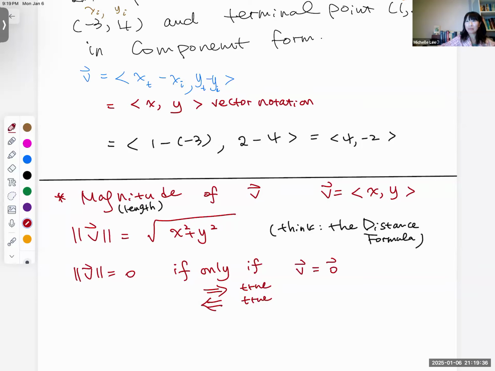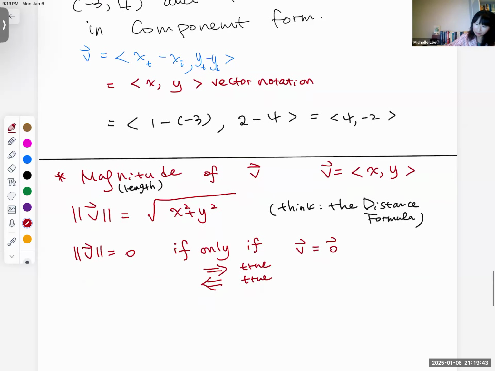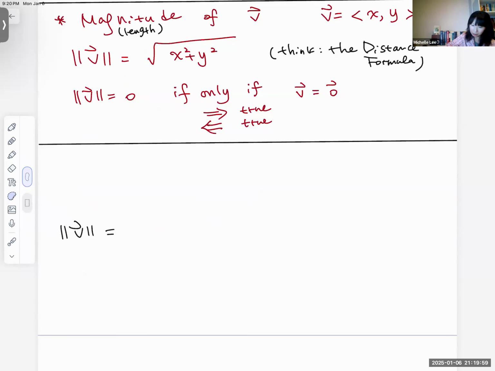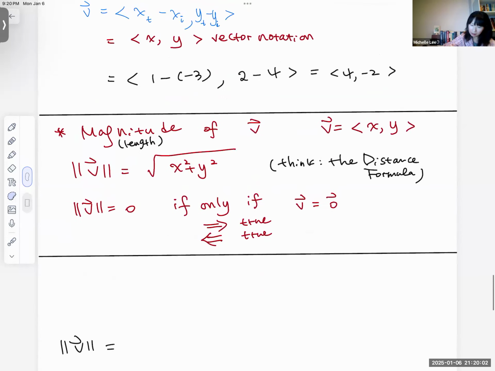All right. Okay, so let's find out quickly. We want to find the magnitude of vector v.